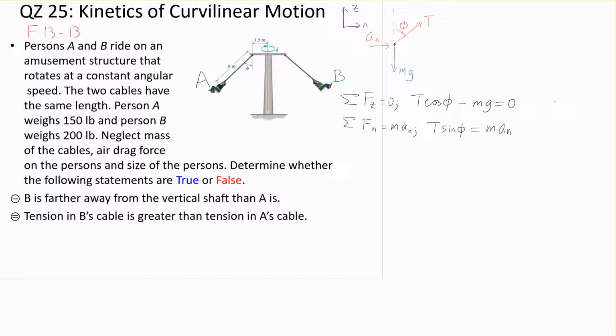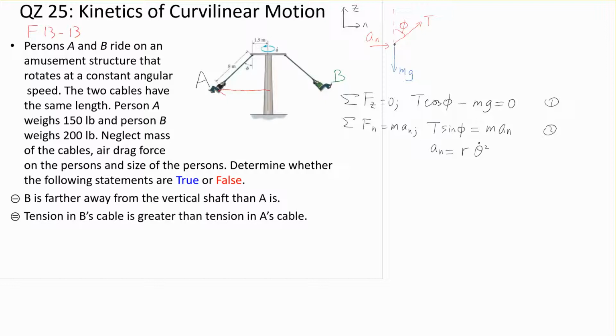So now we have two equations, 1 and 2, and three unknowns: a sub n, phi, and T. So we need to introduce additional equations to take care of the extra unknown. We have the kinematics equation that we can use. The kinematics equation tells us a sub n should be equal to r times the angular speed squared, and the r is yet unknown.